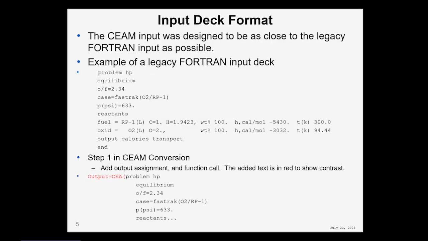The interface was designed to, as best we could, carry over the input from the FORTRAN deck. So here we see an example of the FORTRAN CEA input deck, and converting that, we give an output variable we'd use for output, set equal to calling the function CEA, open the parentheses, and that's where we begin.